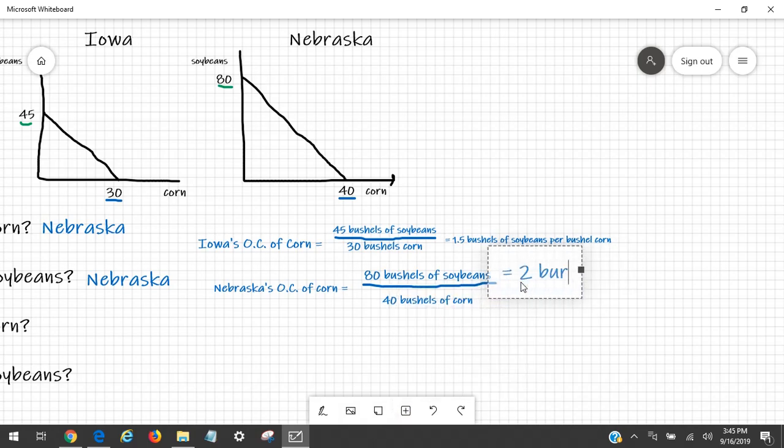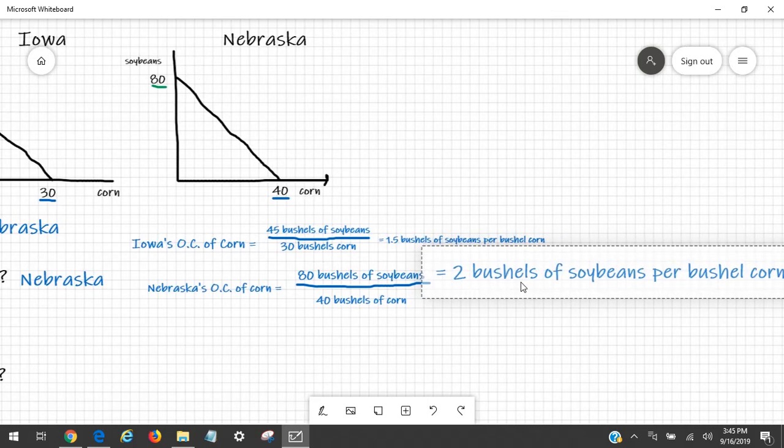Again, the units are bushels of soybeans per bushel of corn.